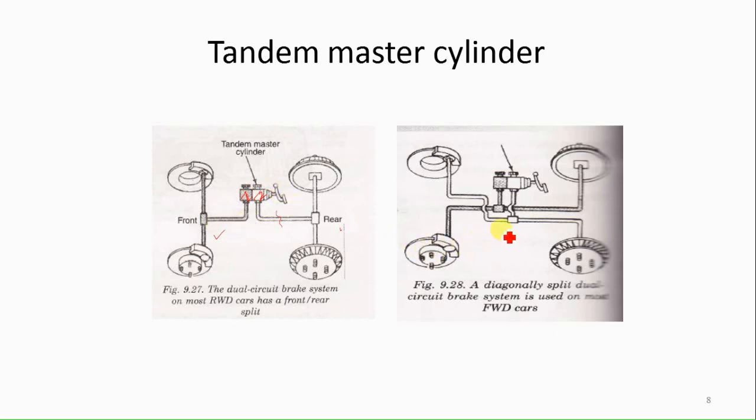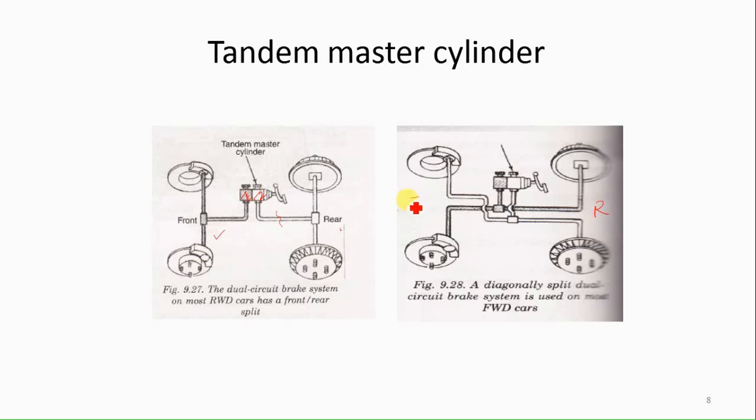Now here this is the same master cylinder, but here the lines are of the diagonally split type. Here this is the diagonal side. Let us suppose this one is the rear side and this one is the front side.